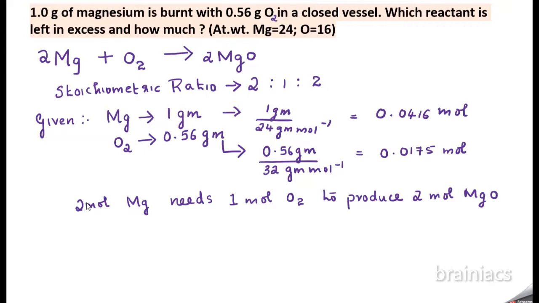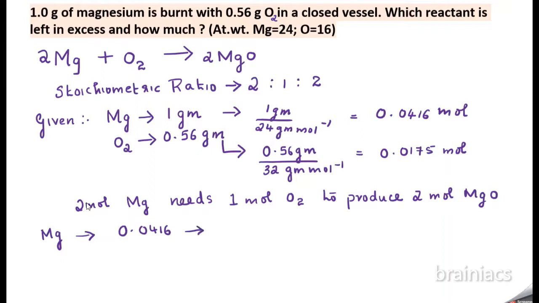I have a shortcut for you to find out the limiting reagent. Take the first case, that is magnesium. Take its number of moles, which is 0.0416.